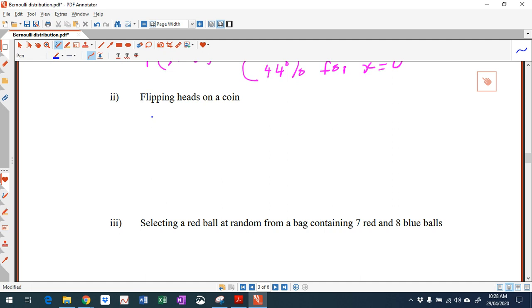We have flipping heads on a coin. So heads is our success criteria here.